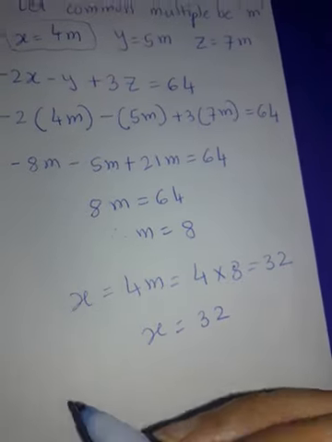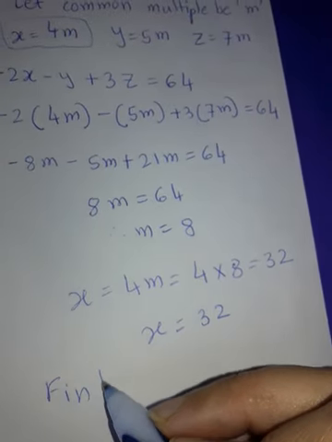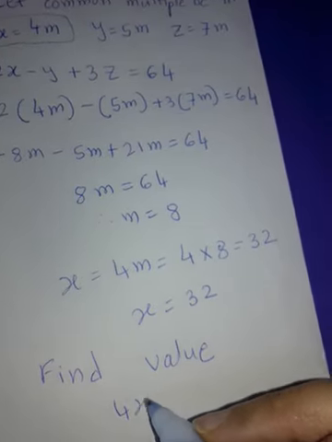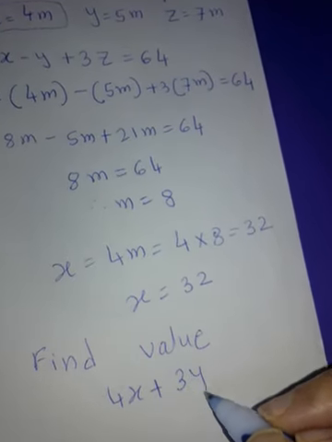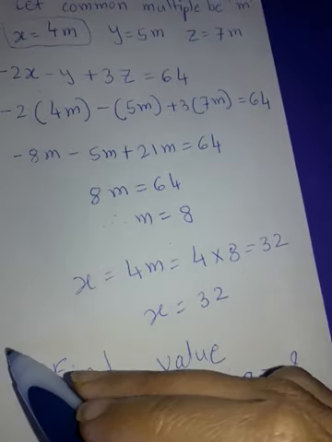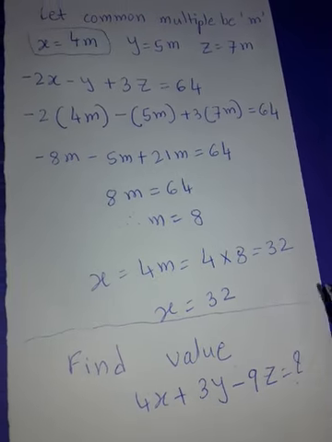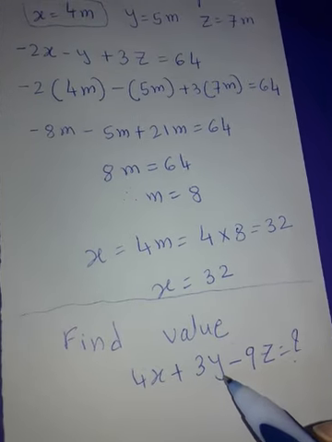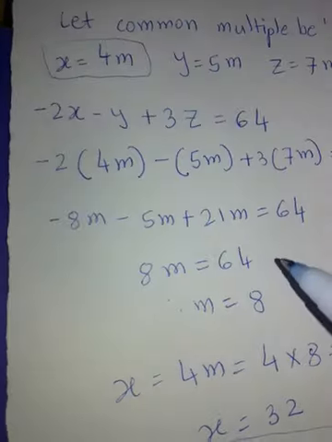See, sometimes the question can be like this: find the value of, say, 4x plus 3y minus 9z. Something like this. So how will we solve this? Now we have x. In a similar manner we can find y also.